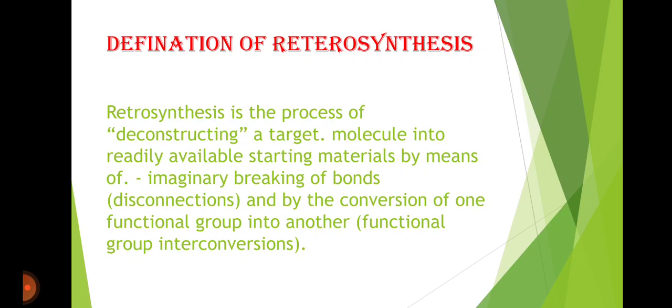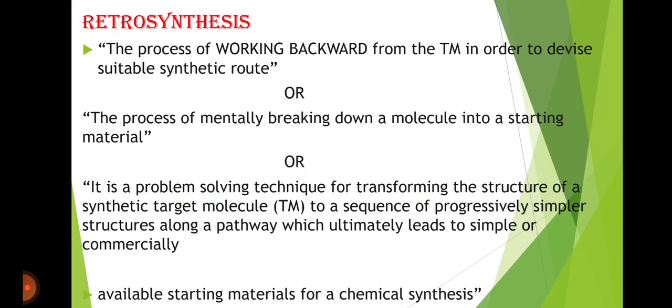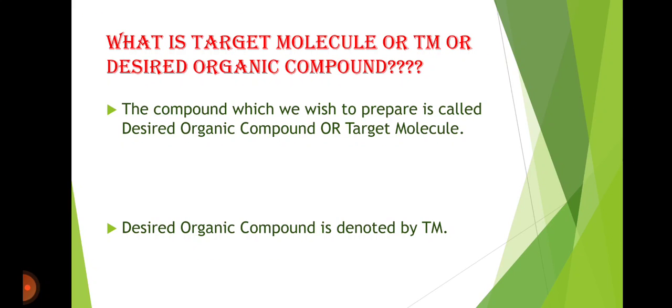We break that compound imaginarily and get the compound from which it is formed. This breaking can happen in two ways, either by disconnection or by functional group interconversion. These are the other definitions of retrosynthesis, and we can choose any one of them.